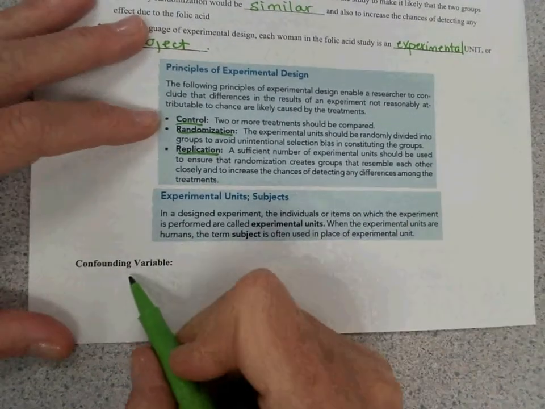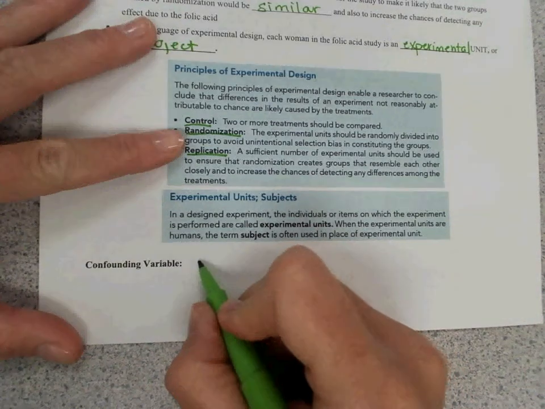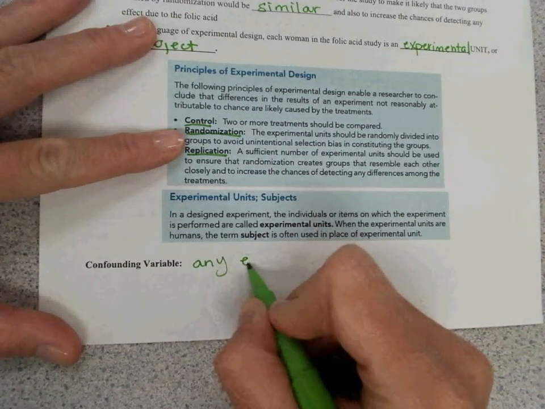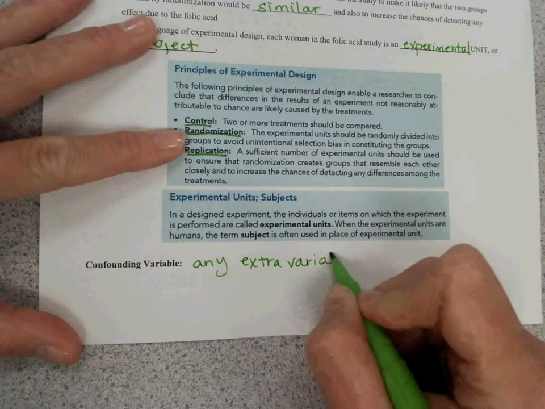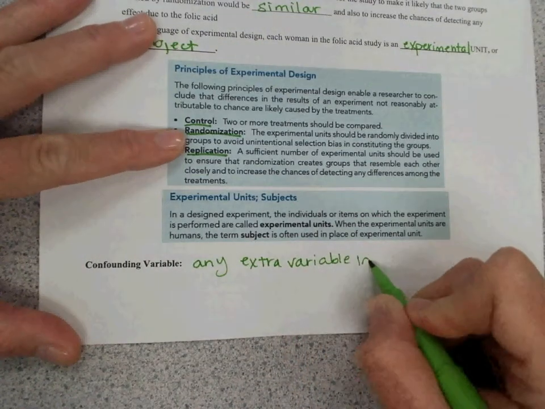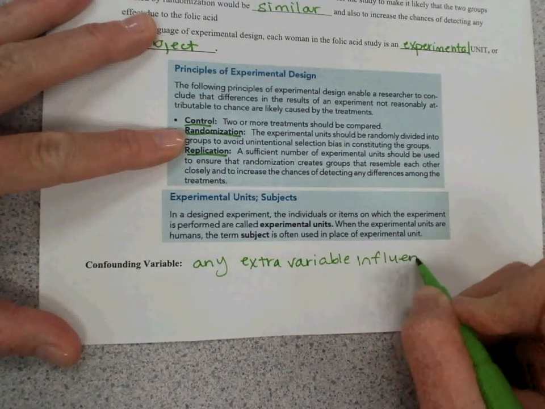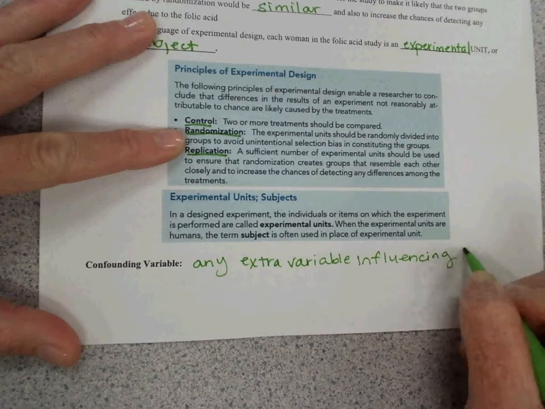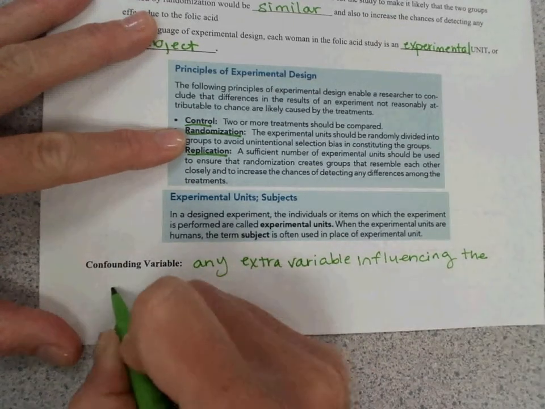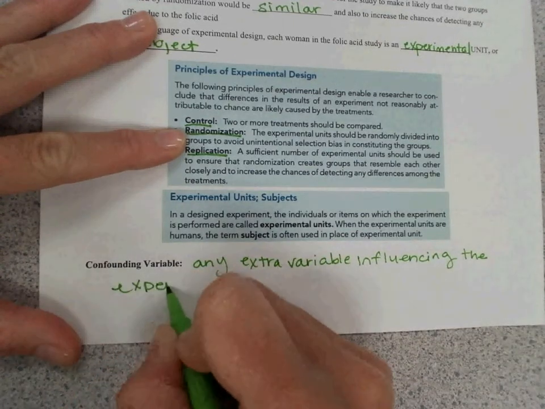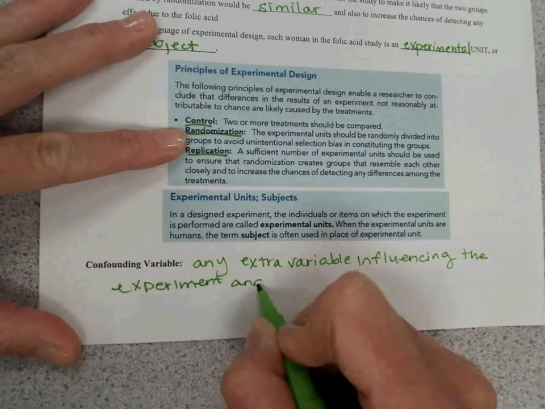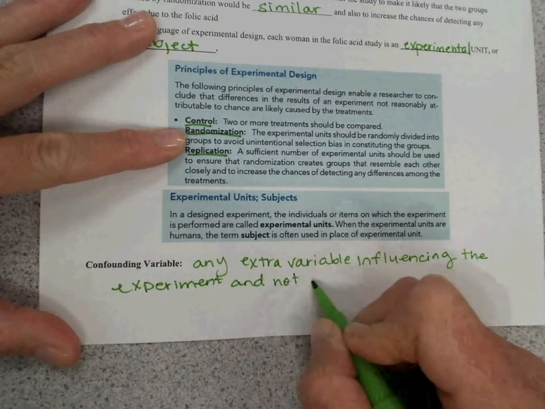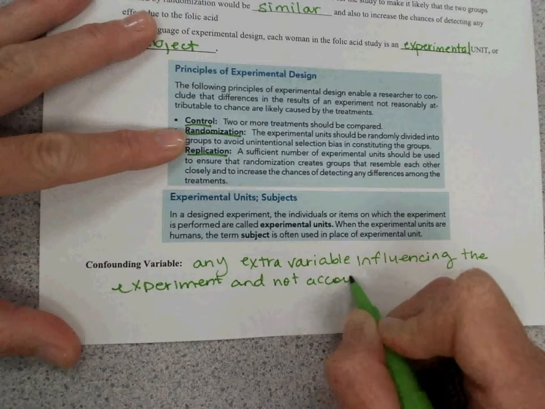Now we have an additional term here, the confounding variable, which is any extra variable influencing the experiment and is not accounted for within the experiment.